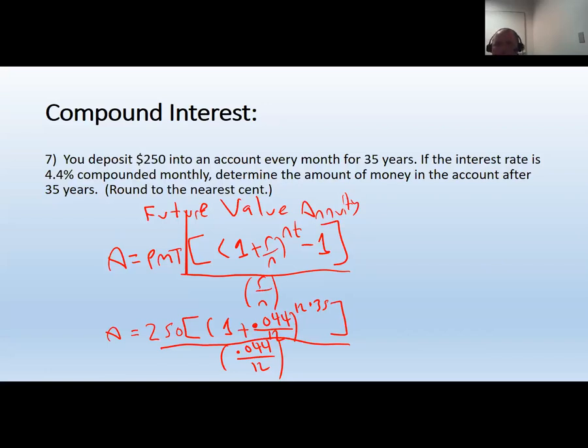Now, if you multiply 12 times 35, you get 420. So that should be your exponent. And so I end up with 317,145.76.